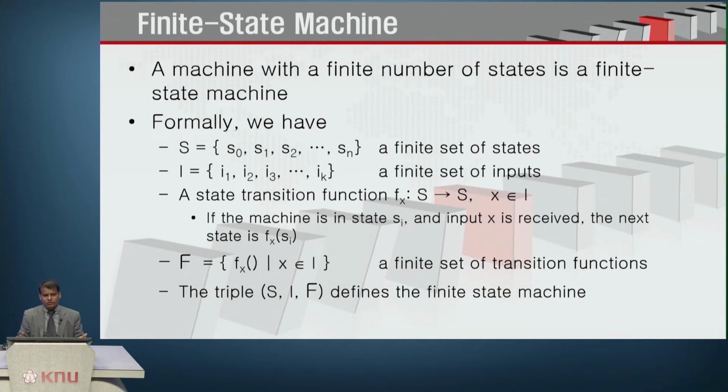So you have I1, I2, I3 till Ik. A state transition function, S implies S, where x is an element of I.